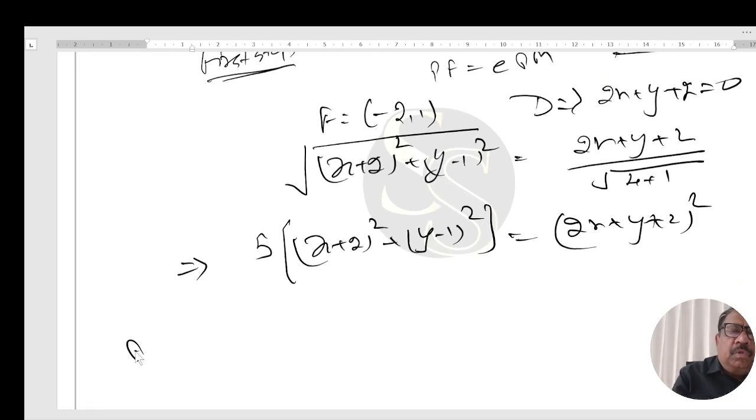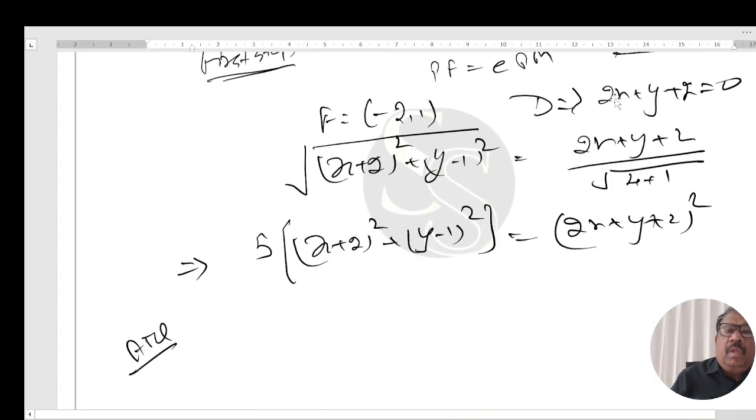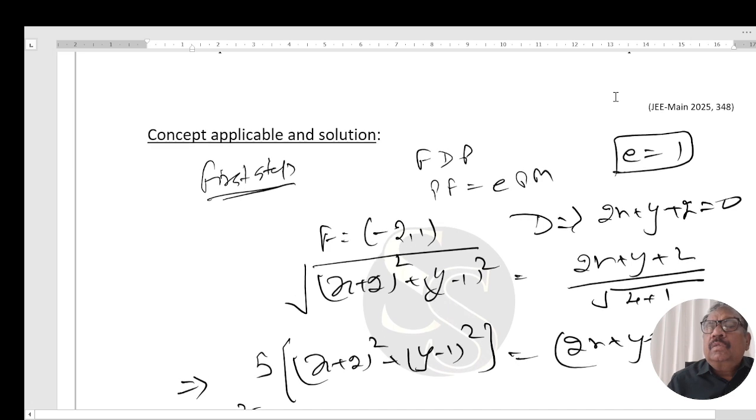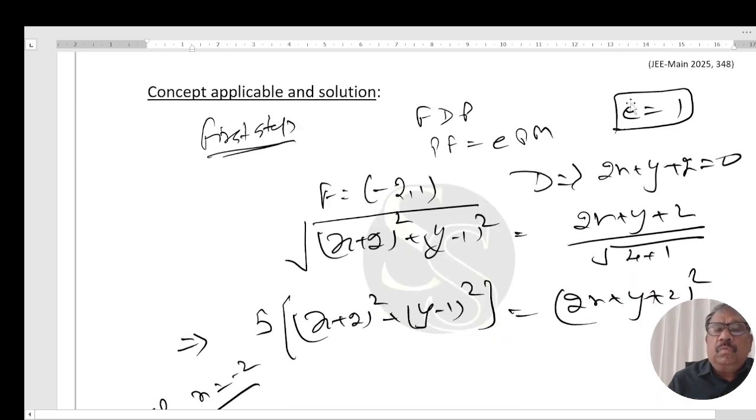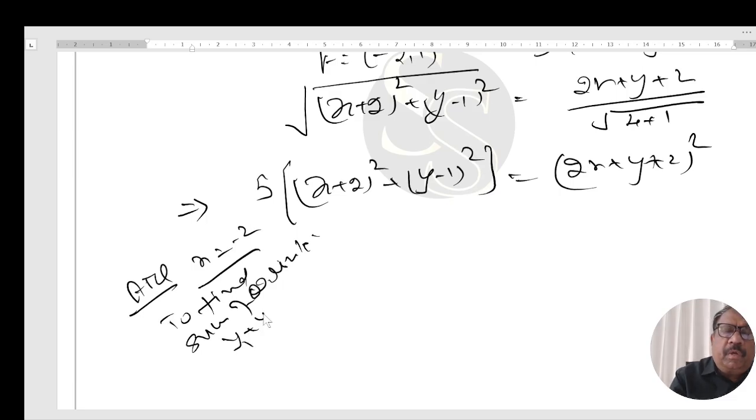Now according to the question, x equal to -2. We have to find the sum of ordinates, that is y1 plus y2.